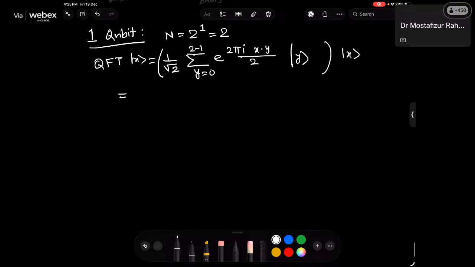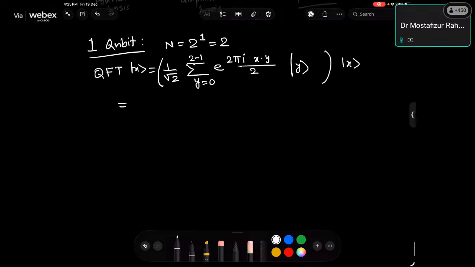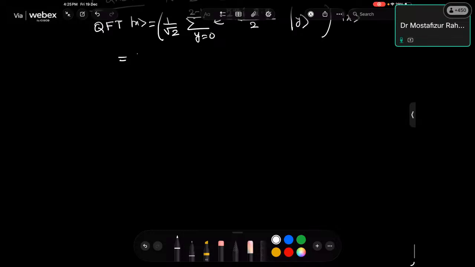So how many possibilities of y are here? 0 and 1, two bases. So it will be 1 upon square root 2, e to the power 2 pi i.